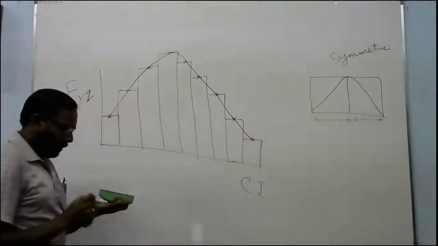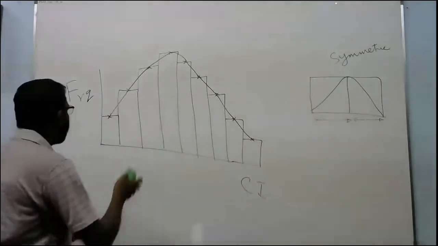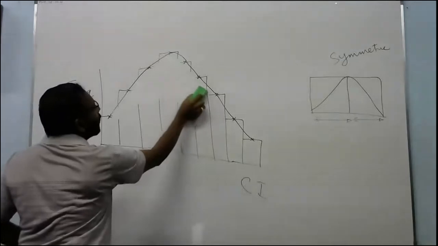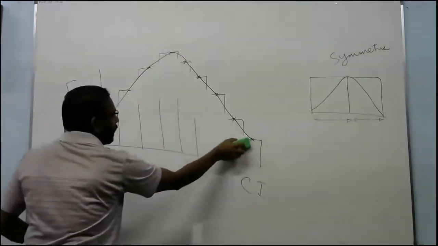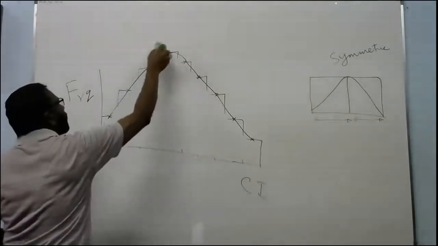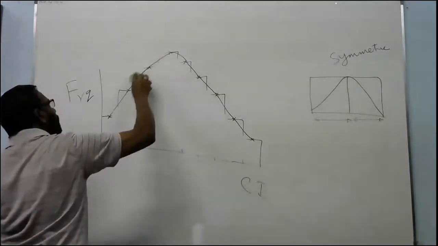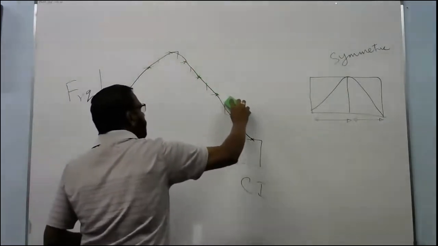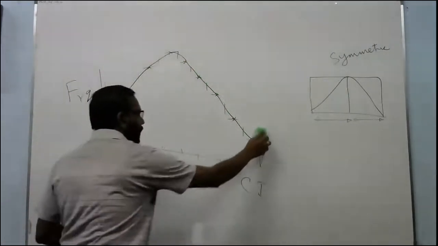You can erase the bars and see it. So this is what we call a distribution.